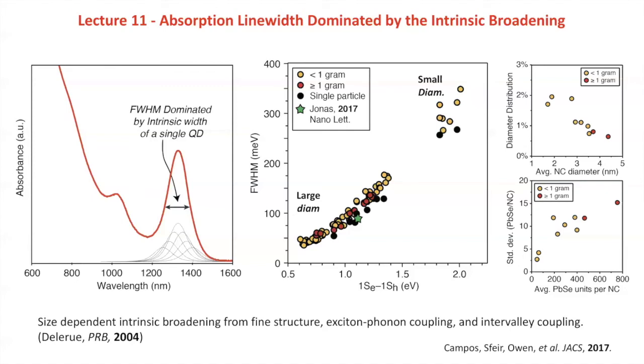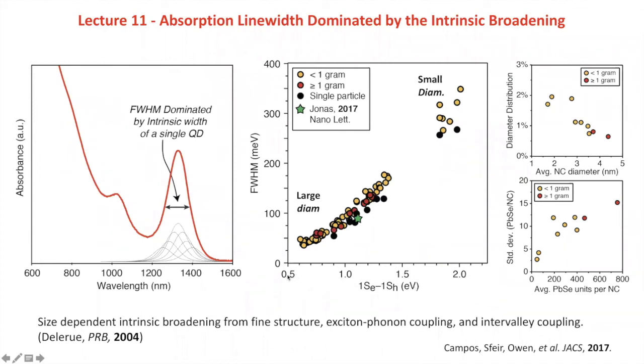The other thing, so I should have taken a little more care to explain what you're looking at here. This axis is the energy of this transition. So wavelength space here, energy units here.